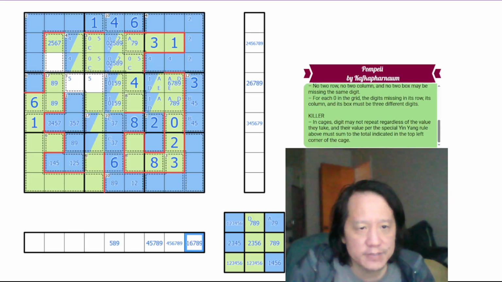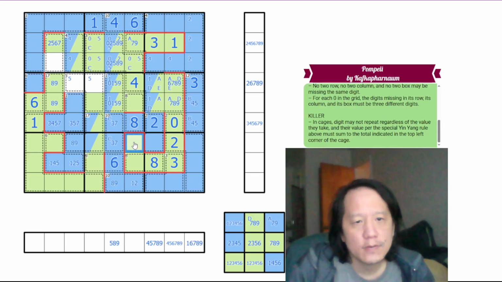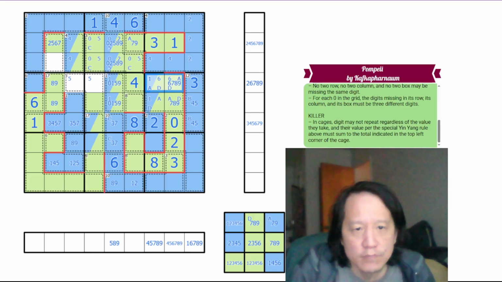What else are we missing? We know there's a 6 here, so that we can remove 6. We can label this A, B, D, E now, but that's not that helpful.